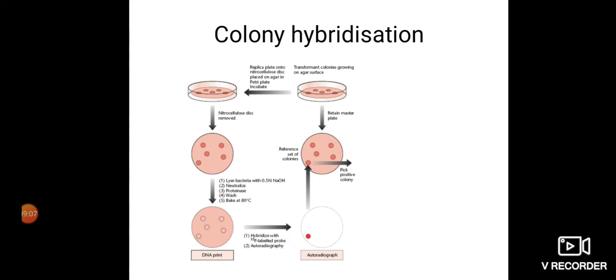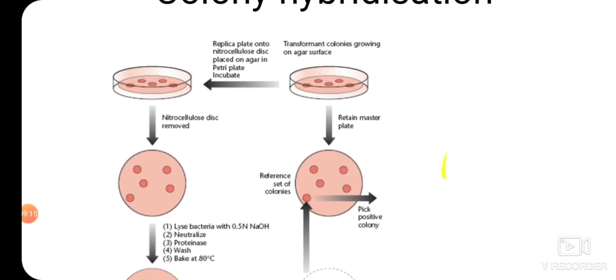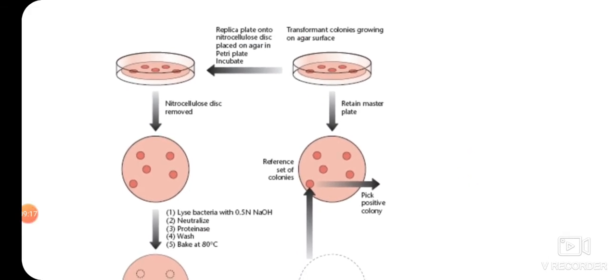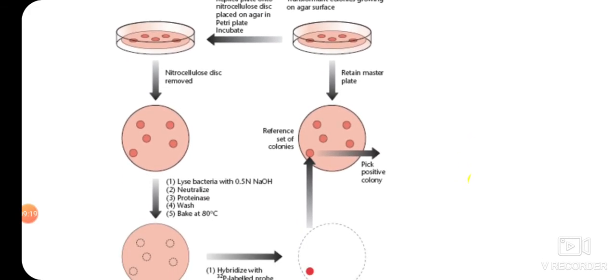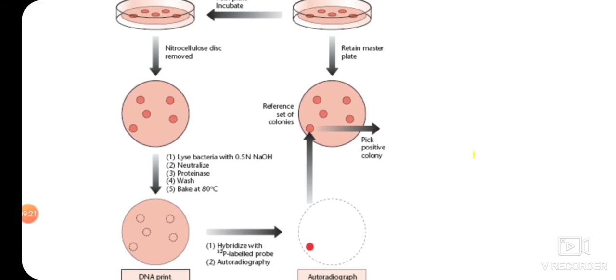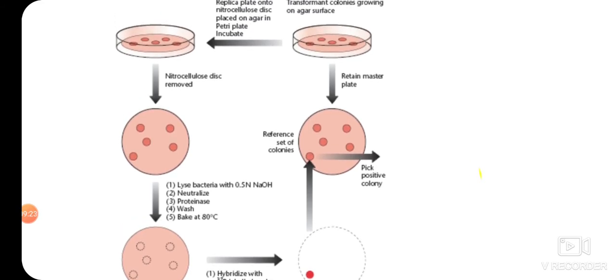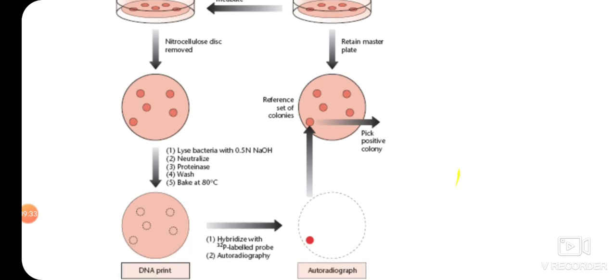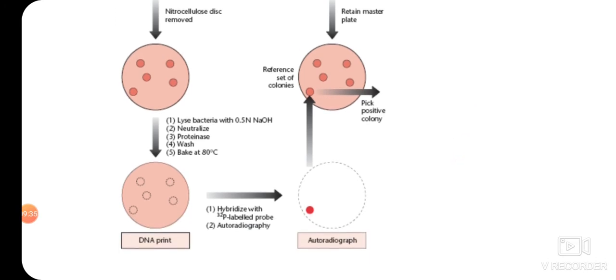If you remember replica plating, which I discussed earlier, in colony hybridization, people prepare a replica plate of the master plate. Then on the replica plate, they put a nitrocellulose membrane. When the membrane is spread onto the plate, the colonies adhere to it, and later people remove the membrane.